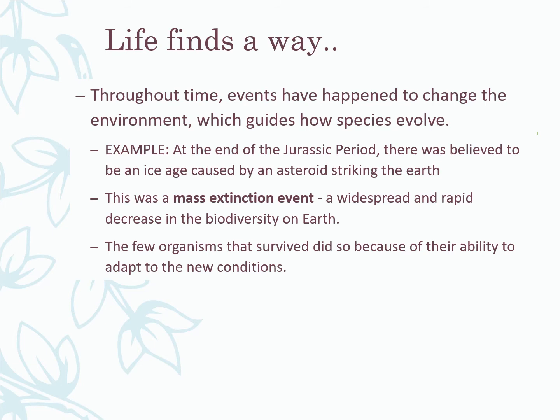The dinosaurs were not able to maintain their temperatures and stay warm, and the vegetation on the planet was not able to grow because the sun was blocked. This caused a mass extinction event, a widespread and rapid decrease in biodiversity on Earth. So we had extinctions of various types of plants, various types of dinosaurs, and other kinds of living organisms on the planet.